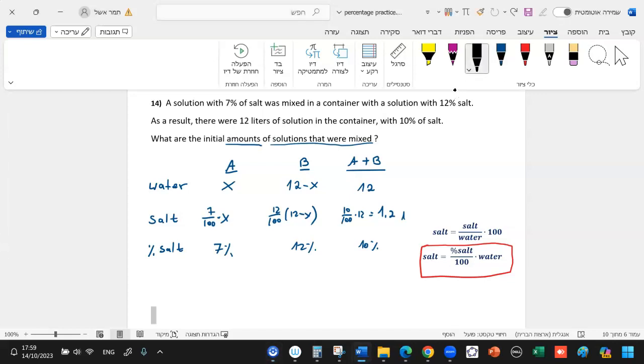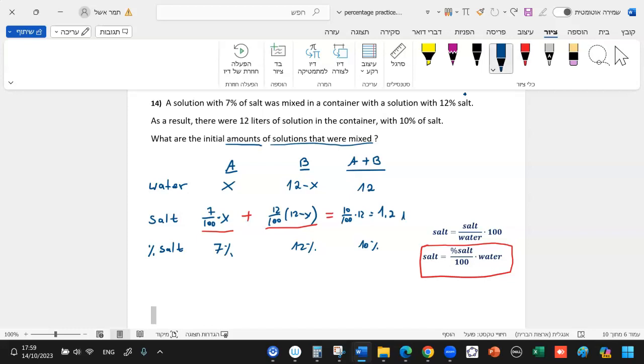Now we can make an equation concerning the amount of salt. We can add the amount of salt in solution A plus the amount of salt in solution B equals the amount of salt in the total mixture.